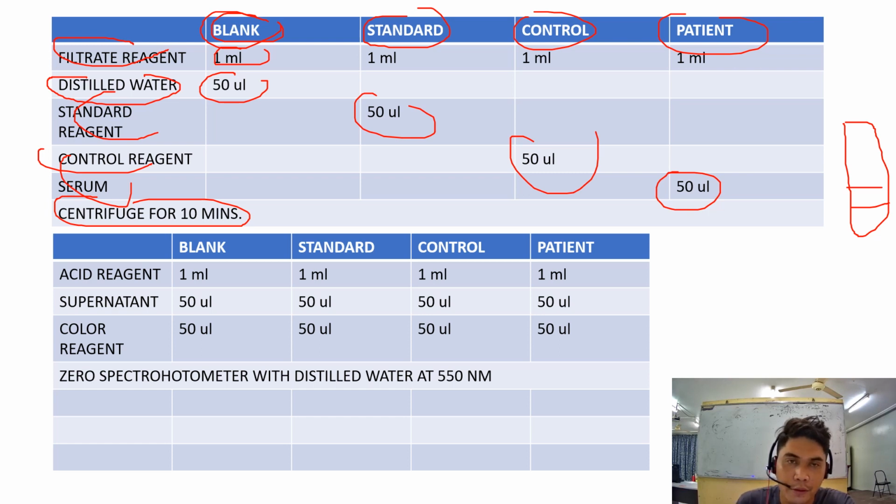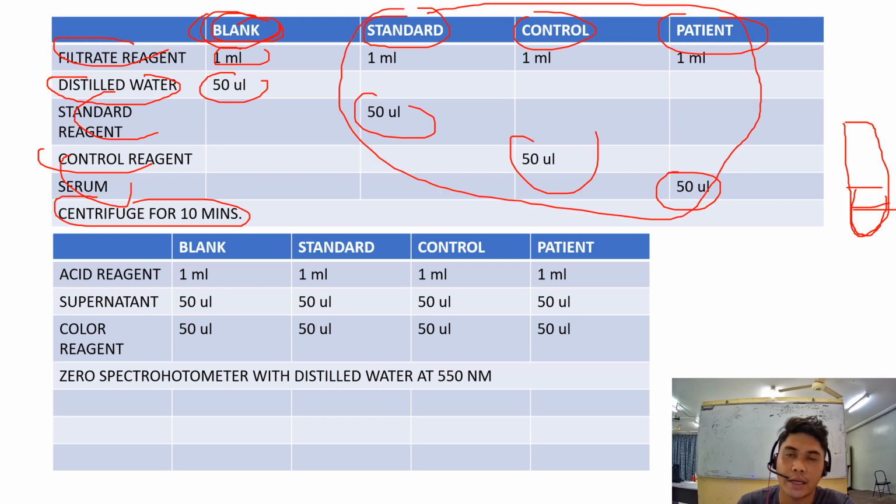Remember, blank means zero concentration of sodium, so after centrifugation there is no precipitate, only liquid, because it does not contain any sodium. The standard, control, and patient will have a precipitate, because these tubes contain sodium.